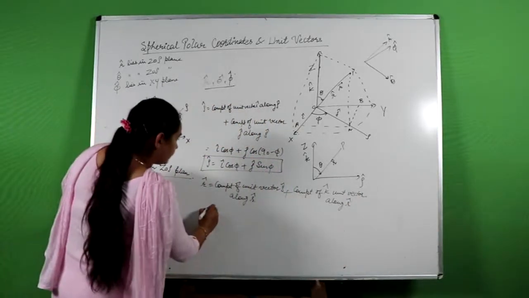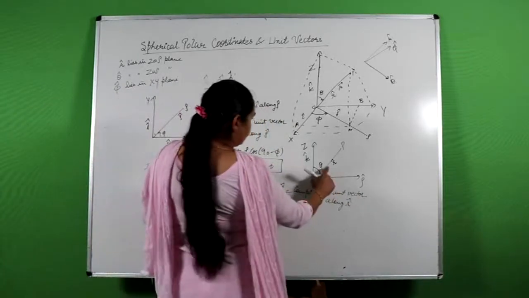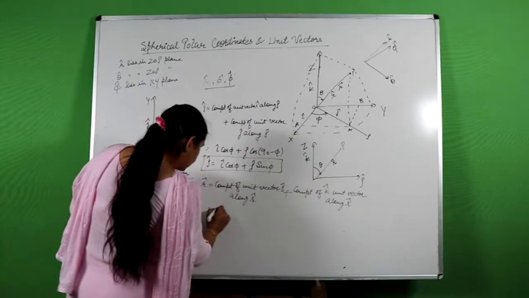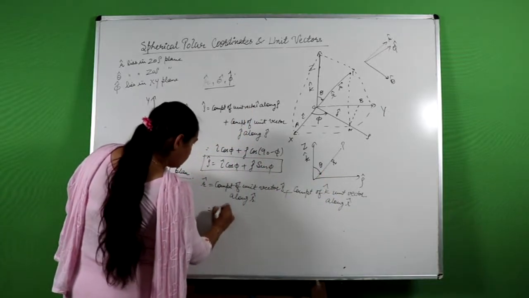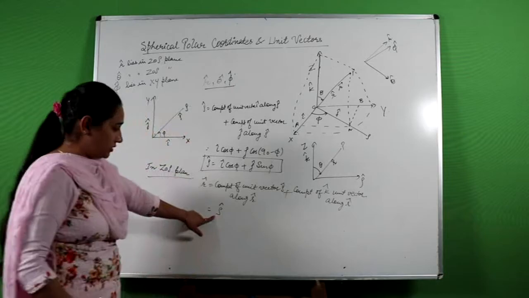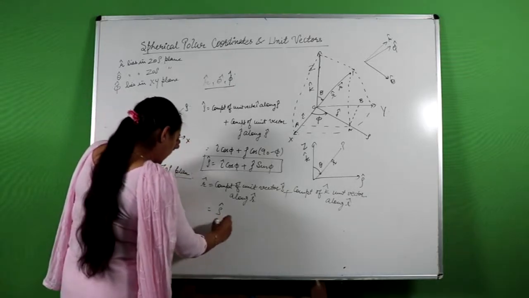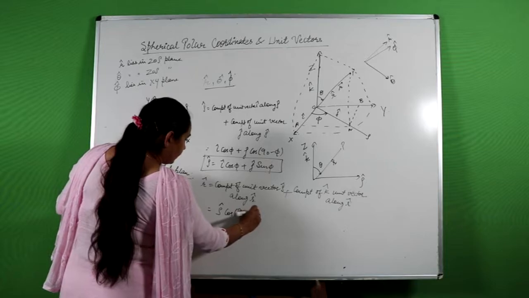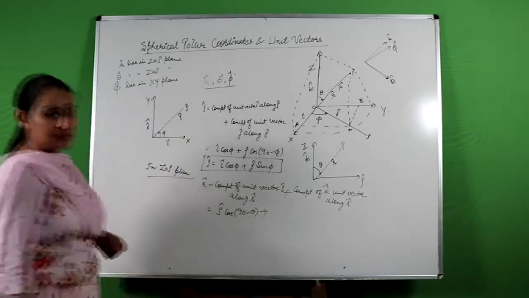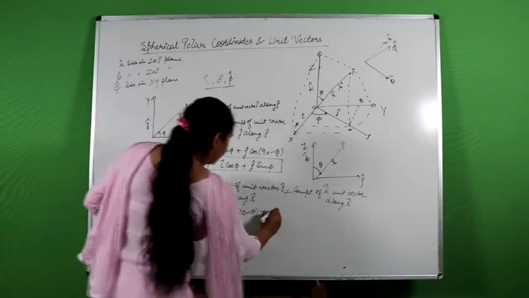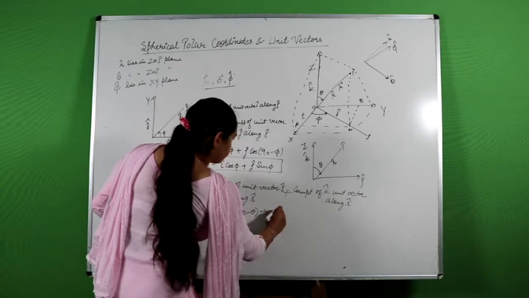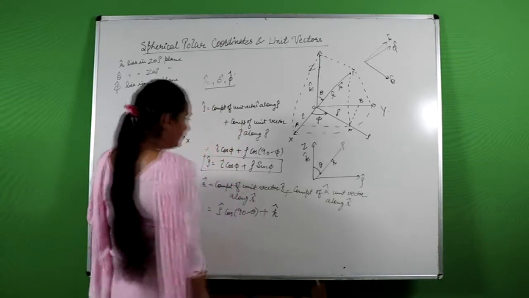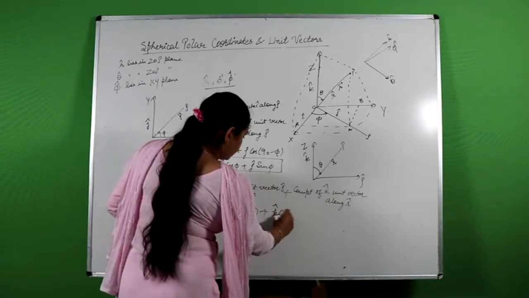I can see r cap is making an angle of 90 minus theta with the rho axis. So it is rho cap cos of 90 minus theta plus k cap cos theta.